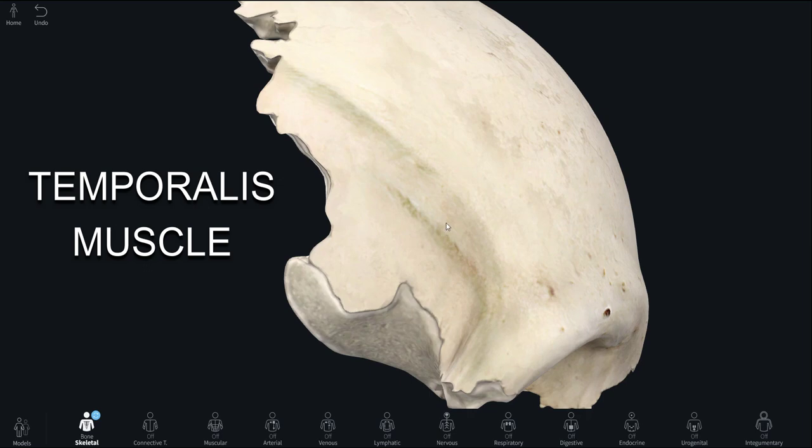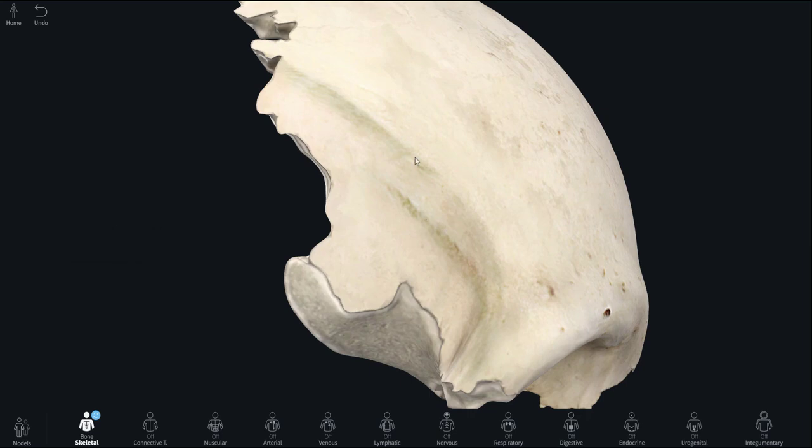Very important. So the superior one is giving rise to fascia, the inferior one is providing attachment to the temporalis muscle. So you may get confused. Was the superior one providing attachment to the muscle, or was it the inferior one?